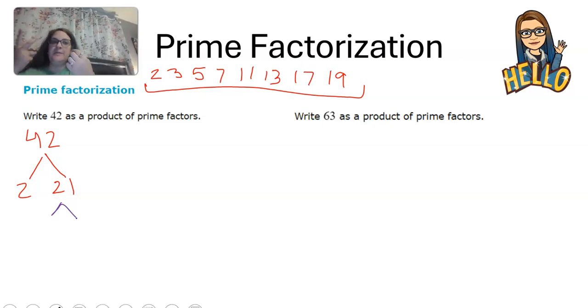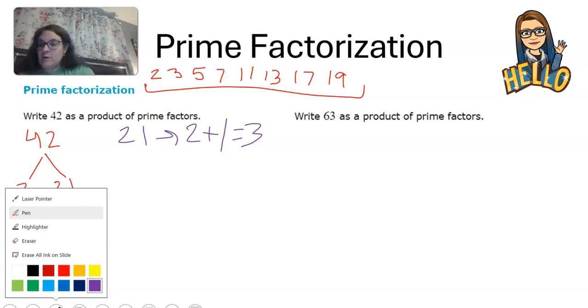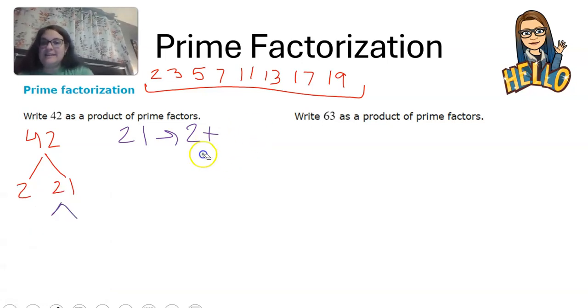If you add up the tens place and the ones place, and those numbers add together to equal a number divisible by 3, then the value itself is also divisible by 3. So 21, look at this as 2 plus 1. 2 plus 1 is 3, and 3 is divisible by 3. Therefore, we know that 21 is divisible by 3.